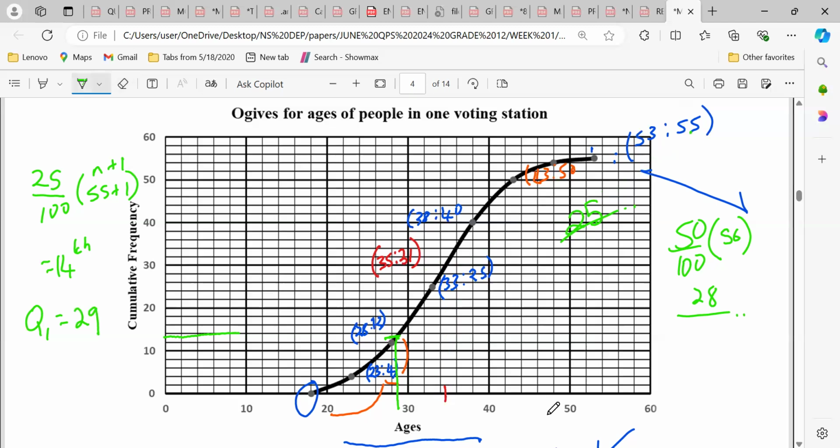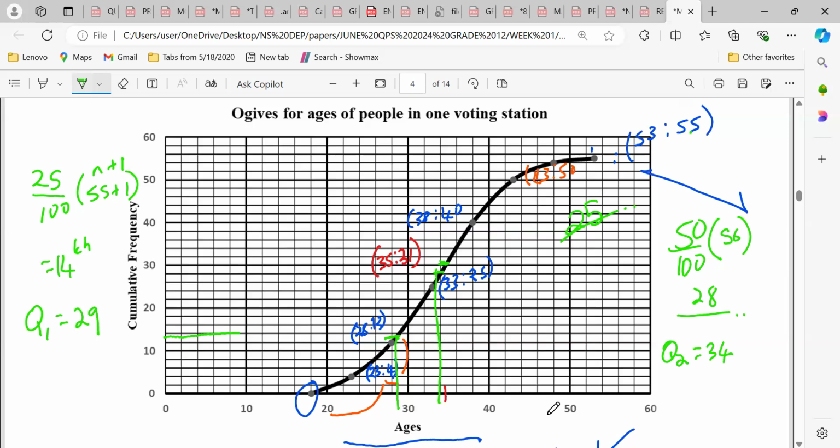Okay, 28, this is 30 here, and the corresponding one is this one here, and it's 34. So we have Q2, which is going to be 34.